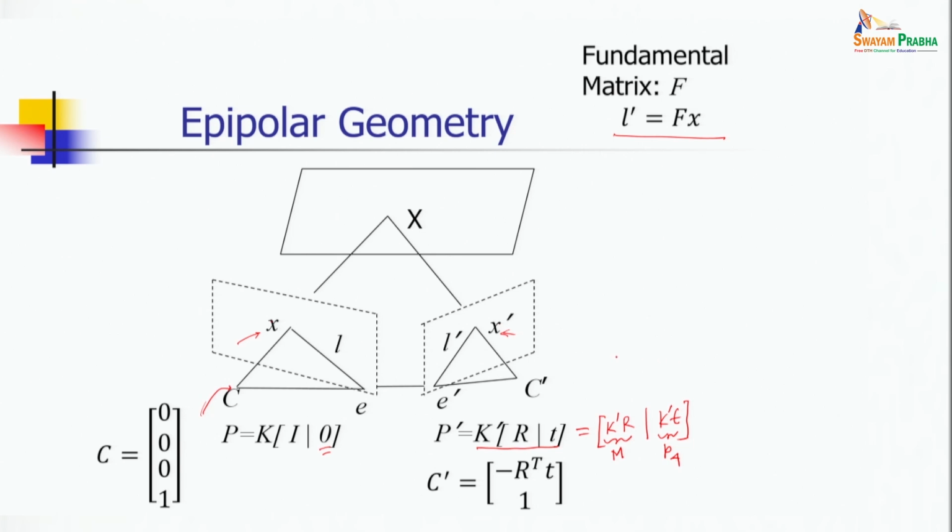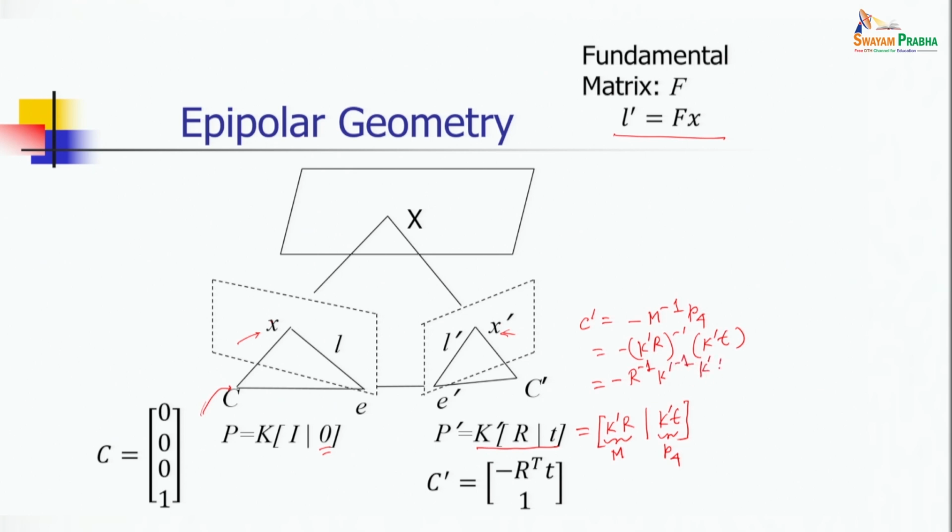So what is C prime? C prime can be written as minus M inverse P4, and if I apply this equivalence, M is equal to K prime R, that is K prime R inverse, and P4 is K prime T. Then I will apply matrix algebra. You know that the inverse of a product of two matrices, they just swap in this fashion.